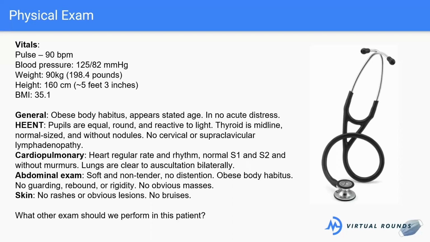But what other exam do you guys think we should perform in this patient? What are we missing? Or what other area of the body should we be looking at?